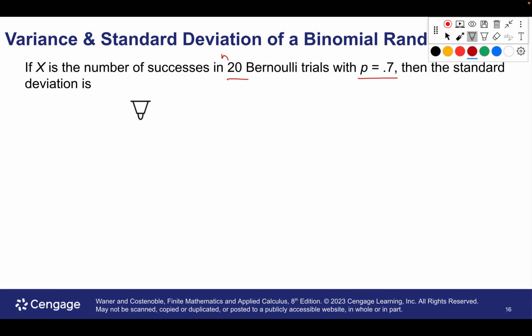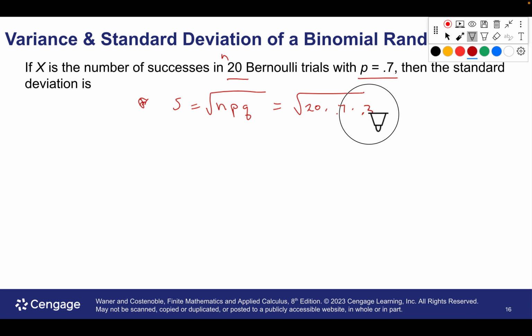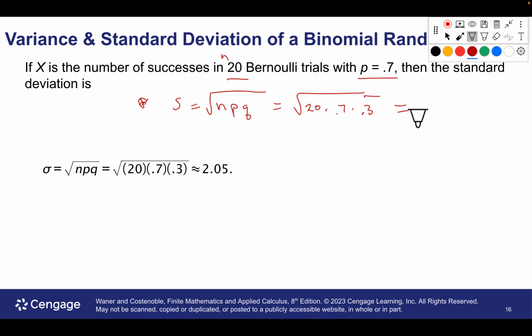Standard deviation is going to be the square root of n times p times q, which we were told n is 20, p is 0.7, so q must be 0.3. And remember, I just took 1 minus 0.7. There we go. Simple. Can't do it in my head, but I could just click the button and it'll tell us 2.5.